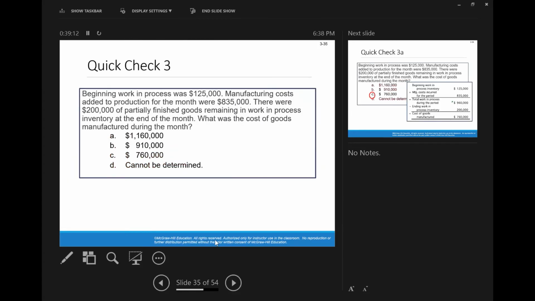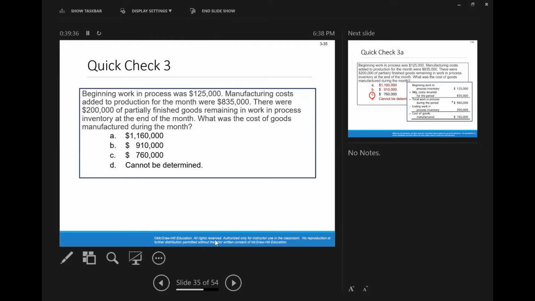Okay, beginning work in process was 125,000. Manufacturing cost added to production for the month was 835,000. So we just calculated that. There were 200,000 of partially finished goods remaining in work in process. So they're not finished.